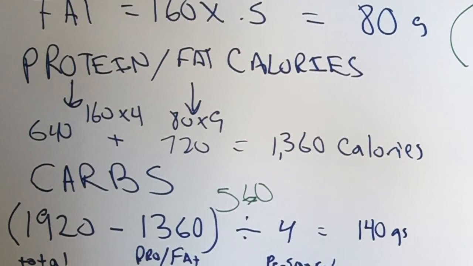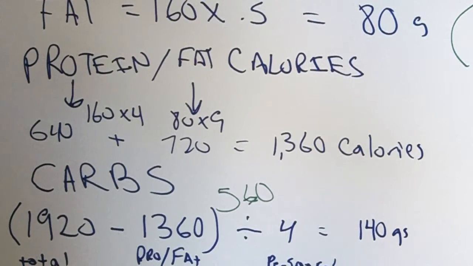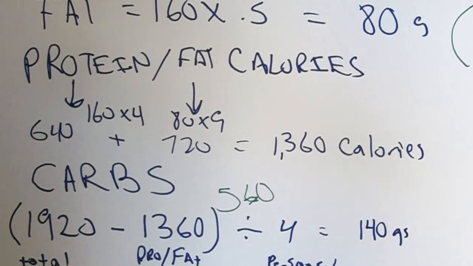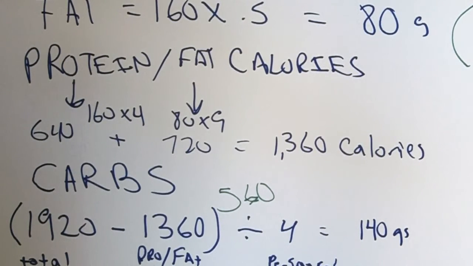So she's going to get 640 calories from protein. 1 gram of fat equals 9 calories. So we're going to take her allowable fat per day, which is 80 grams, multiply it times 9, and we get 720 calories. She'll get 720 calories from fat, and we're going to add those two together. So 640 plus 720 is 1,360, which is the calories she consumes from her protein and fat sources.